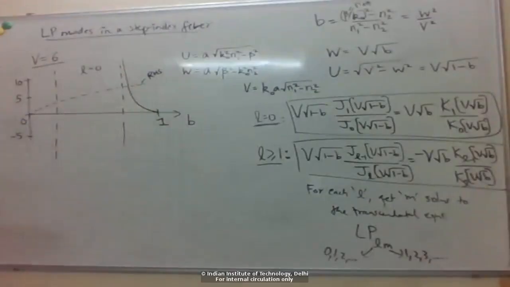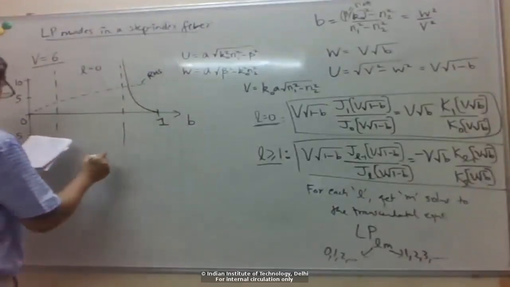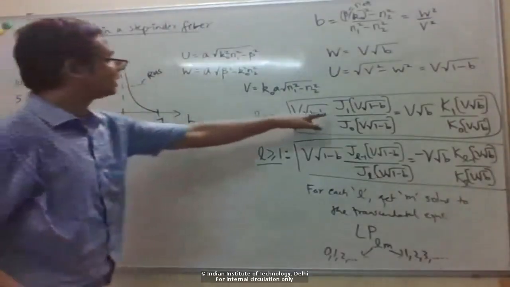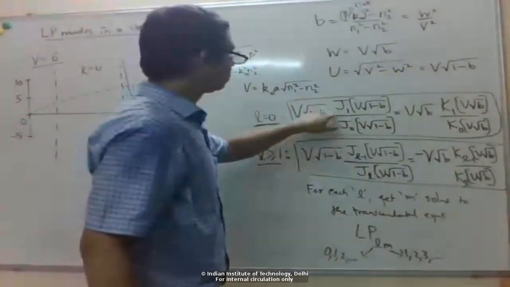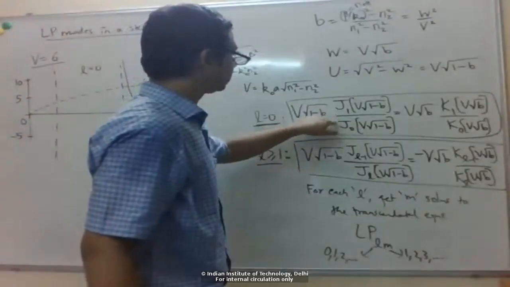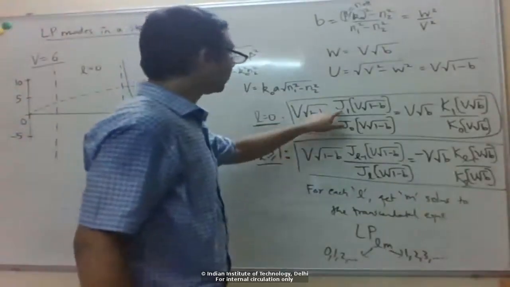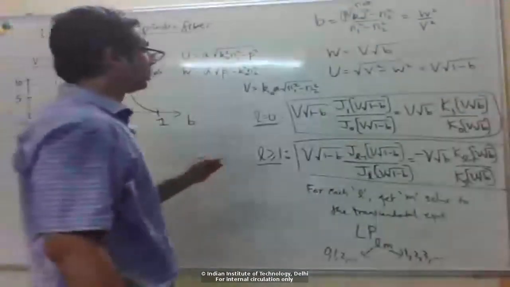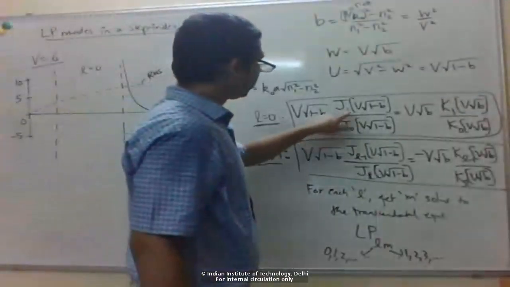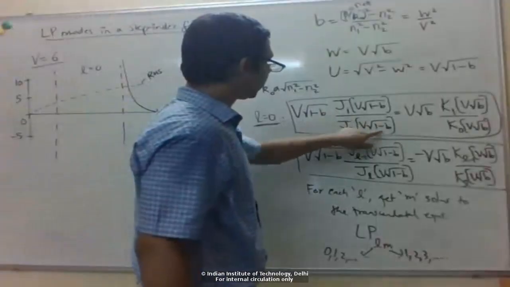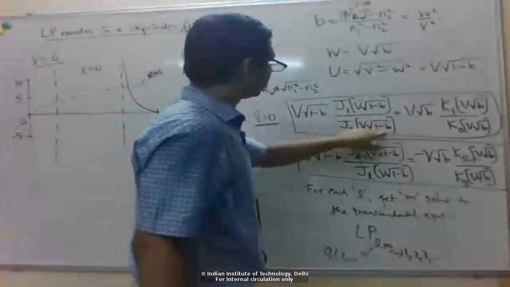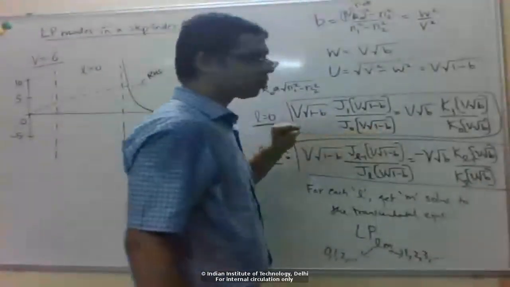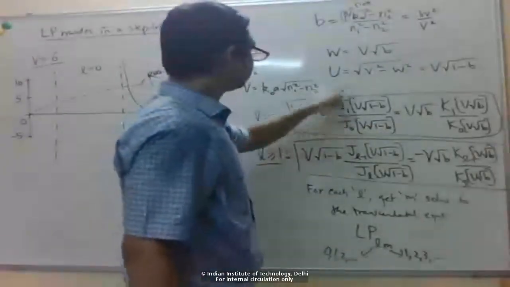Okay, so at some particular value here, the left hand side is the ratio of these Bessel functions of the first kind, J1 by J0. So now we saw that these are some points. For example, if this denominator becomes 0, if the argument is such that it is a root of the J0 function, then this will go to infinity.